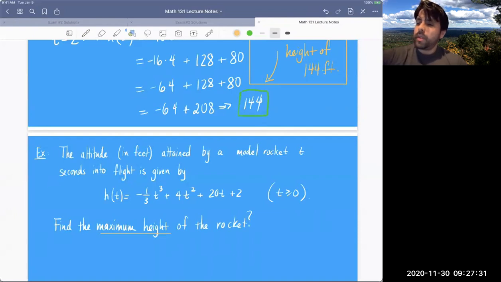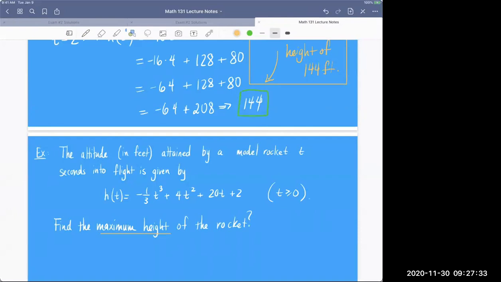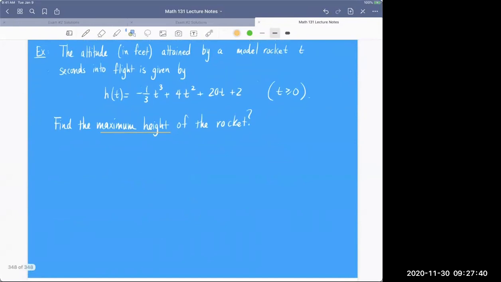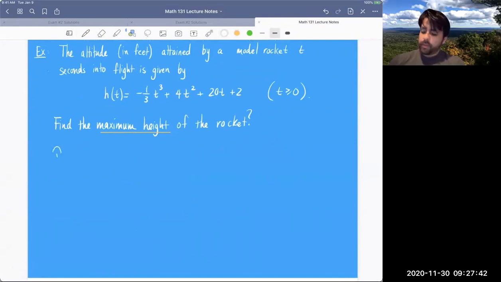What's the first thing I have to do? Find the critical number. That's right. First, first derivative. So you guys are experts now. What's my first derivative? h prime of t is negative t squared plus 8t plus 20.